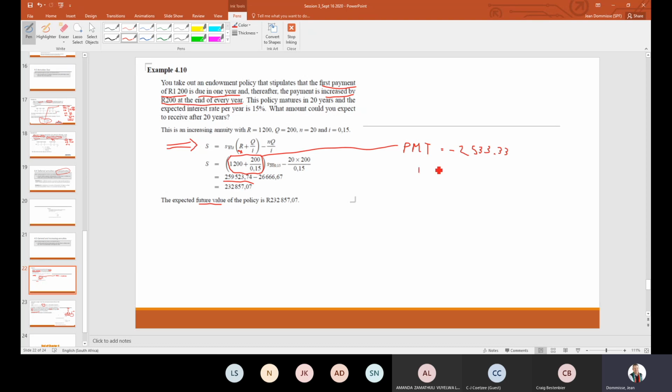Basically, you have it one time per year, because they tell us it is annually, I think. The expected interest rate per year is that.